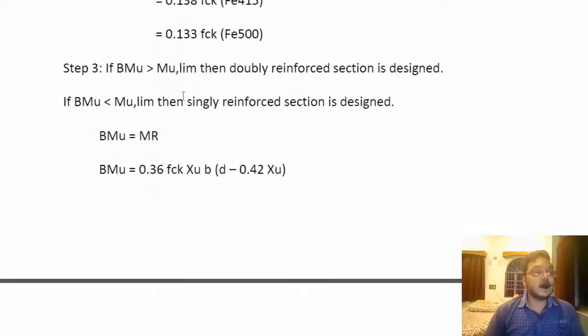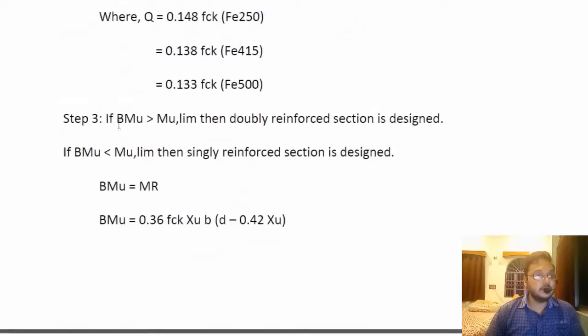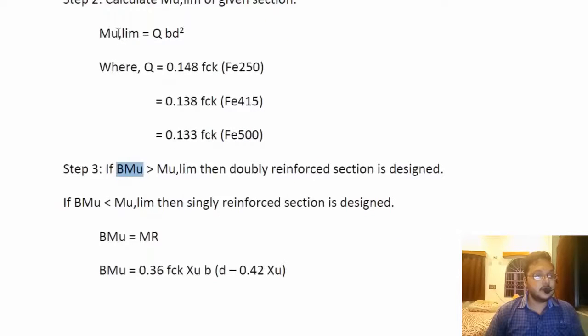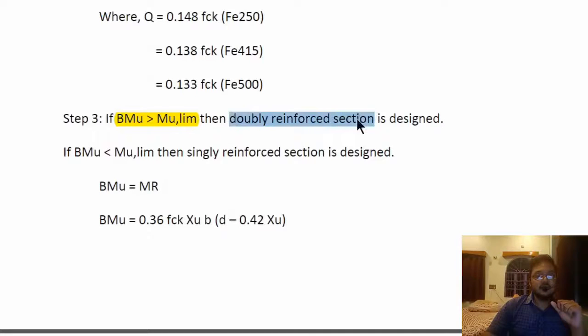For step 3, after we get the BMU, the ultimate bending moment, and the MU limit, we see if BMU is greater than MU limit. If this condition is satisfied, then a doubly reinforced section is designed.